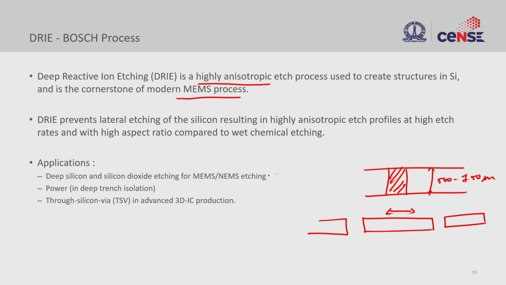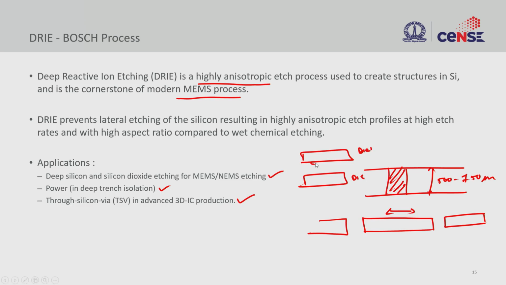As I mentioned, we use this for MEMS applications, right, and also for a lot of power devices where you remove the silicon substrates to have good contact with the device for effective heat generation, and then you have through silicon vias, right, to connect two different dies. For instance, I have one die, this is die 1 and this is die 2.